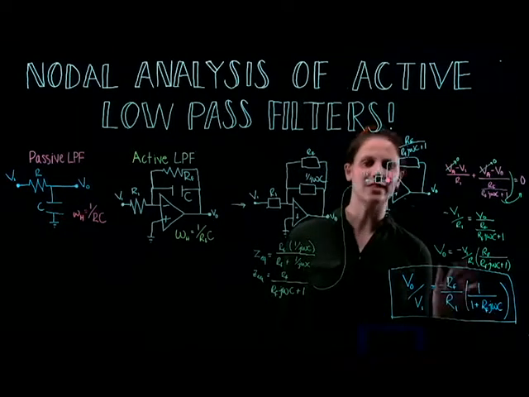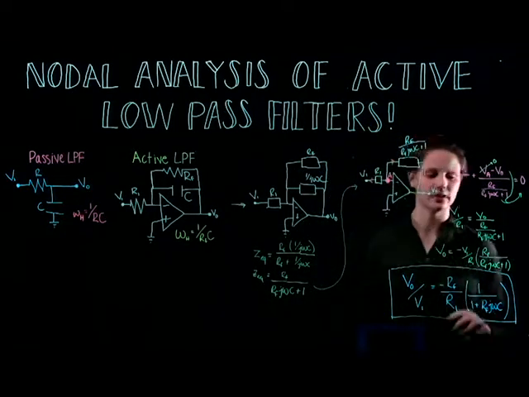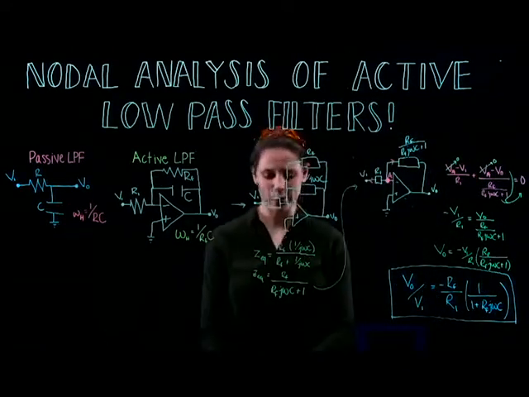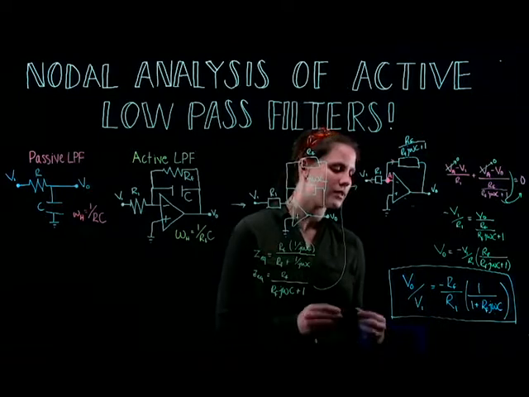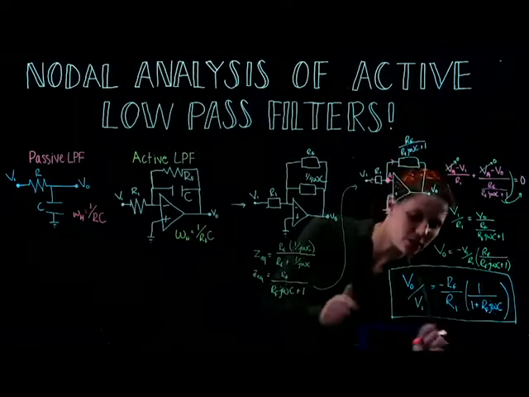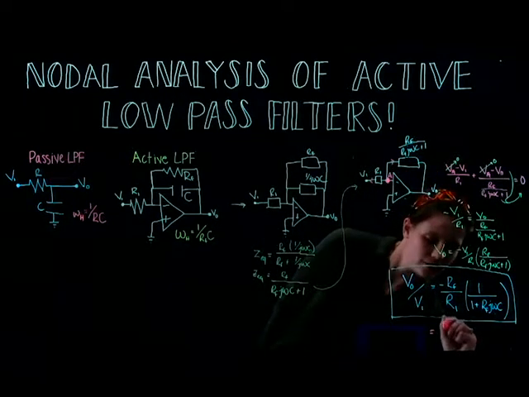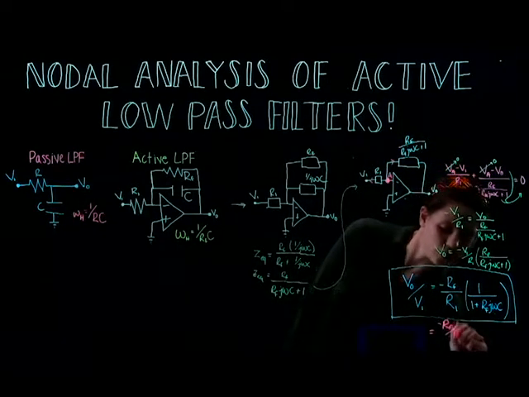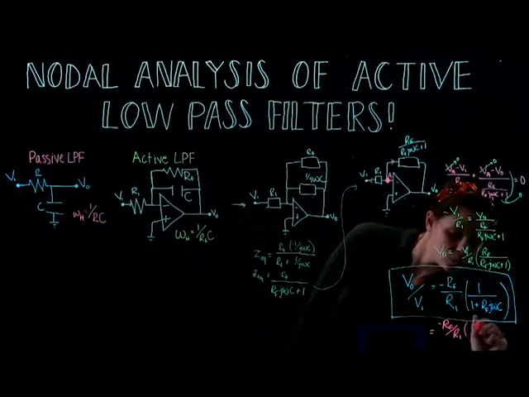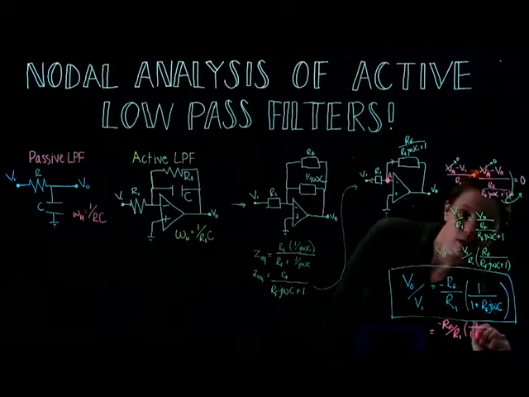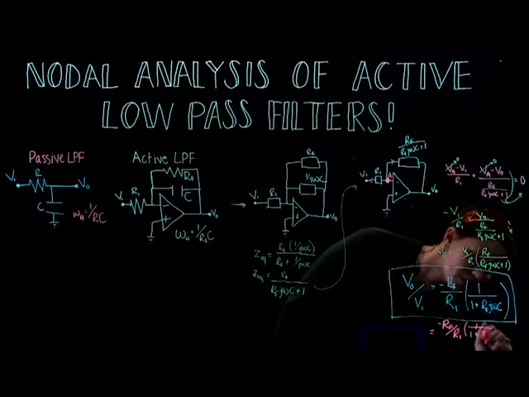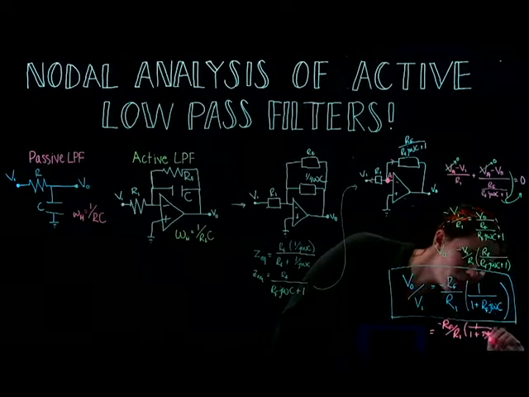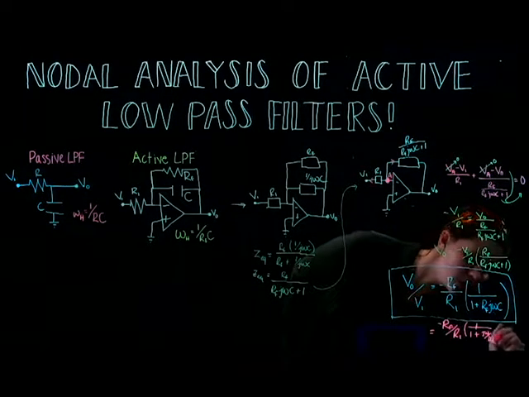So, how do we know that this answer is actually right? If you wanted to be really extra and have a little bit of fun with this, we could rewrite this such that it also equaled RF over R1 times 1 over 1 plus Jω divided by our cutoff frequency, ωC.